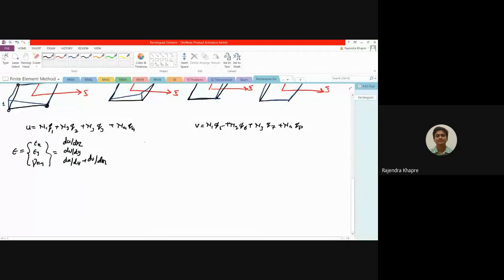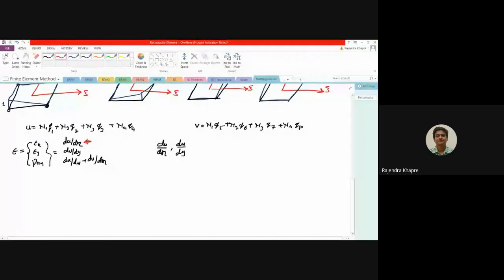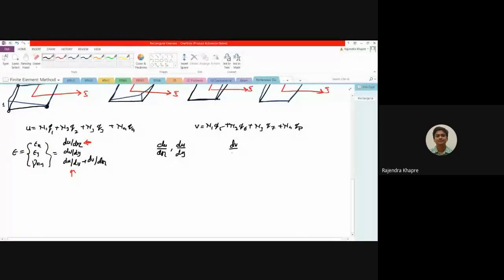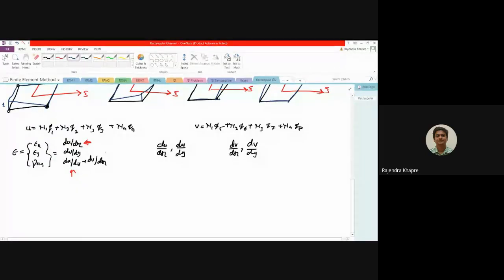So basically we are interested in a couple of terms, that is du by dx as well as du by dy, because these terms are required over here, and du by dy is also required over here. Plus we are interested in calculating dv by dx and dv by dy, because these terms are required over here. So here you can see this is dv by dy and dv by dx.